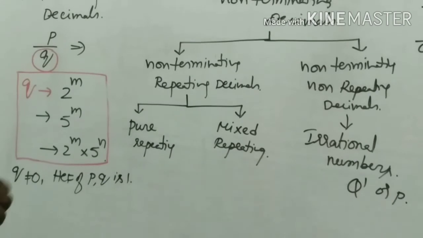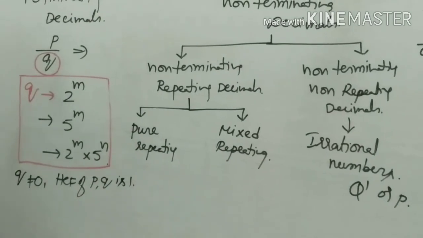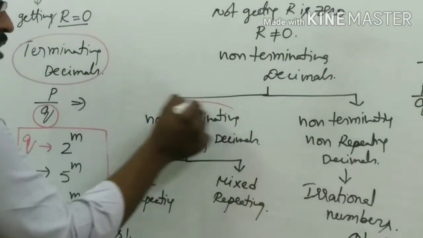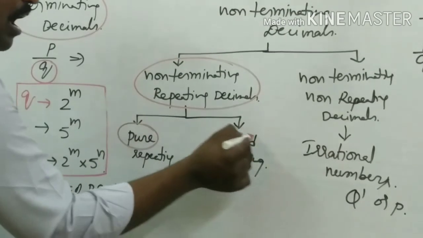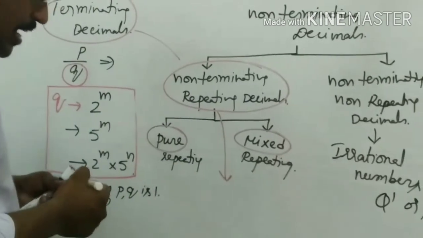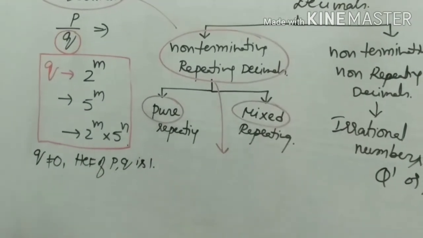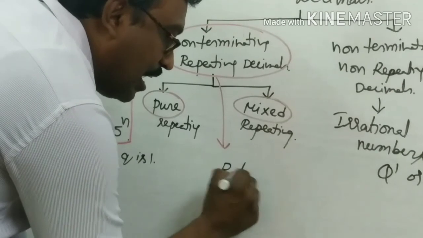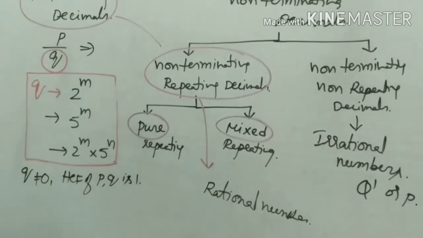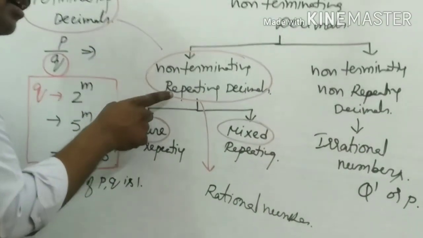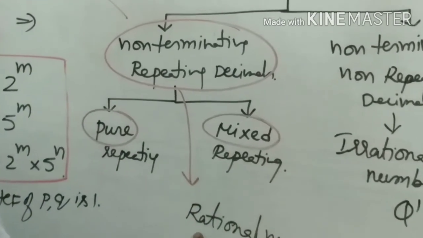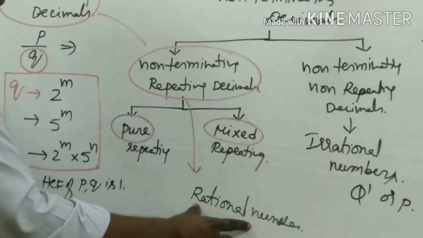Whether terminating decimals, or non-terminating repeating decimals, whether pure or mixed, all together are called rational numbers.